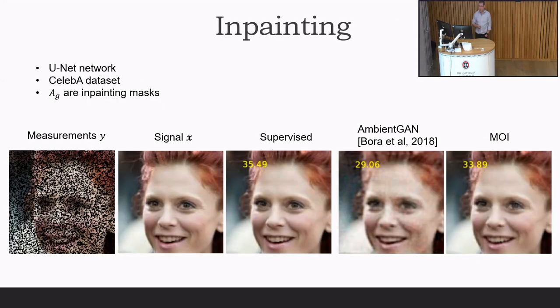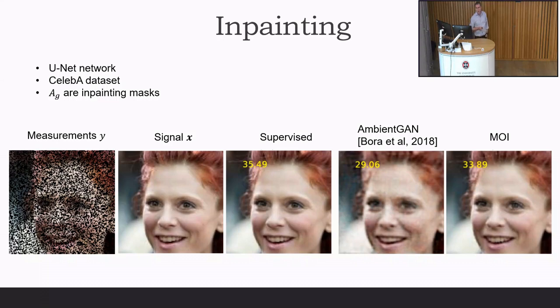And one final example before the break. This is comparing against a different method, which is called ambient GAN. This is a generative adversarial network approach that also tries to learn from multi-operators. Here we're using a UNet, and we're just doing a toy in-painting problem.